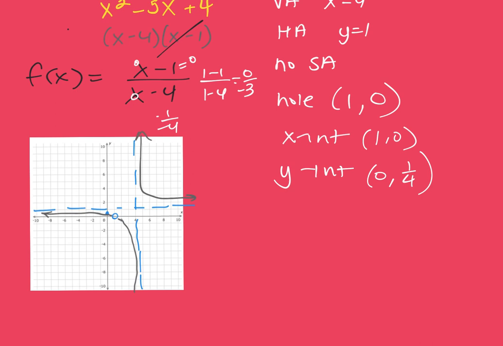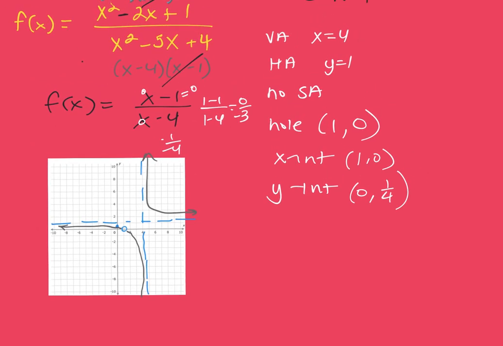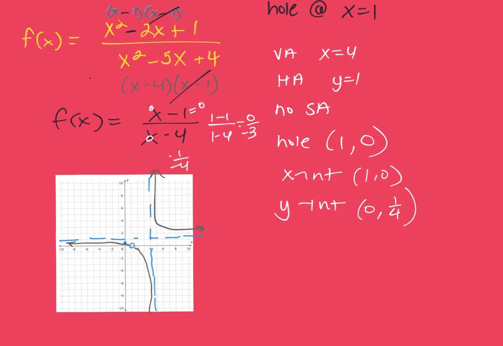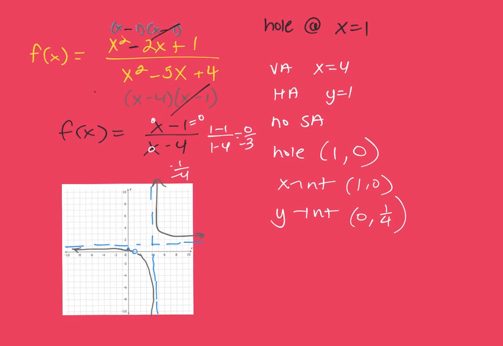But then I would use my graphing utility to back it up. So I'm graphing, and it doesn't matter if you graph the original or the simplified one. Oh, I'm zoomed in.